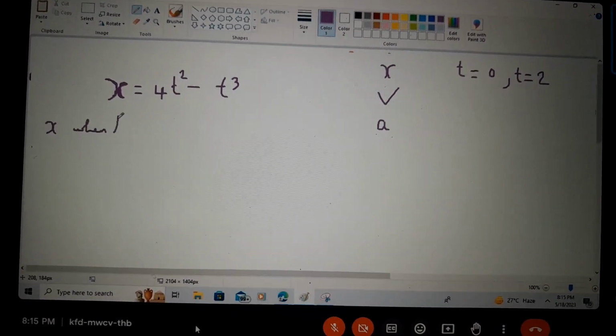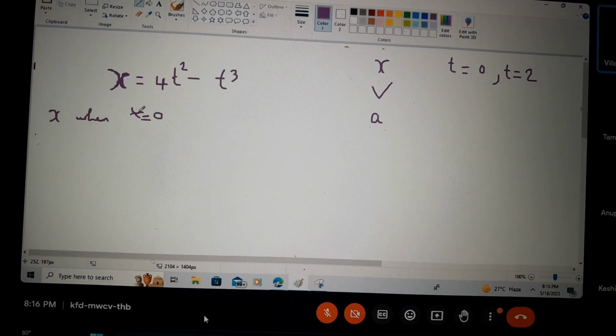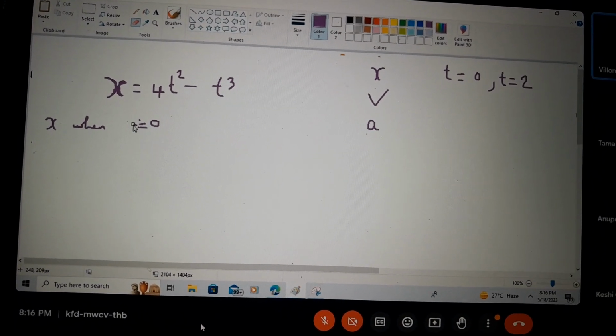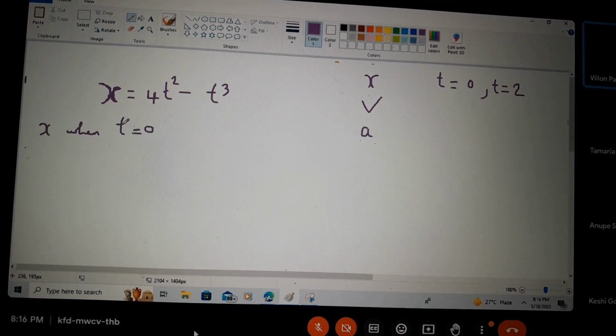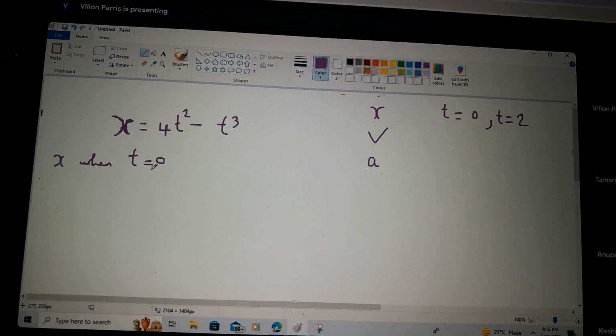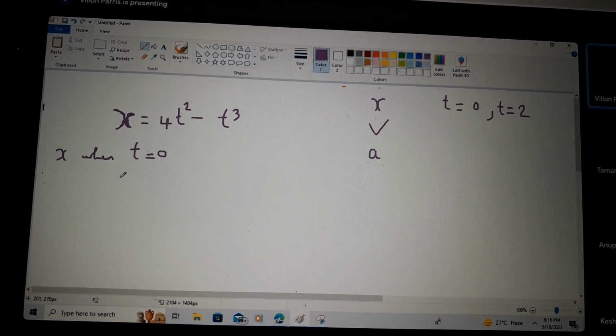Come on, talk to me. No one? Do we already have a formula for x here? Yes, sir. You input t is equal to 0. Wonderful. That's basically all we have to do: substitute.